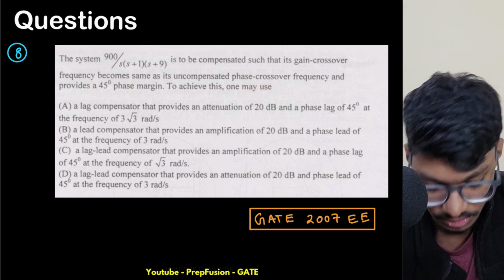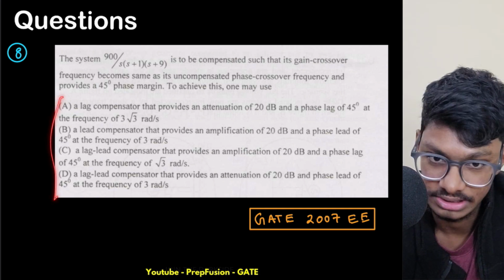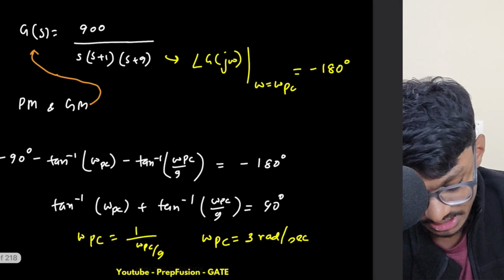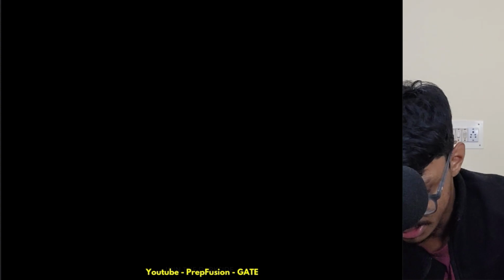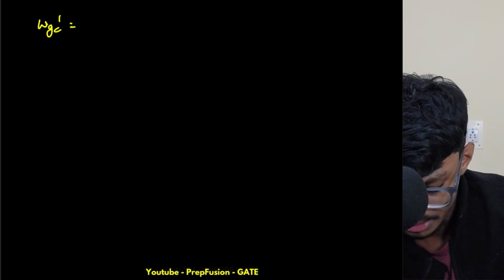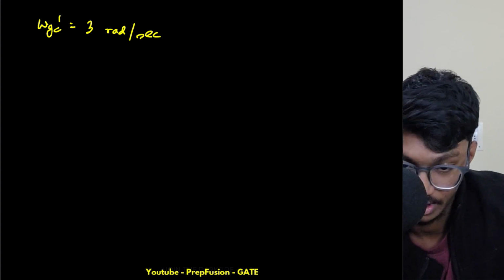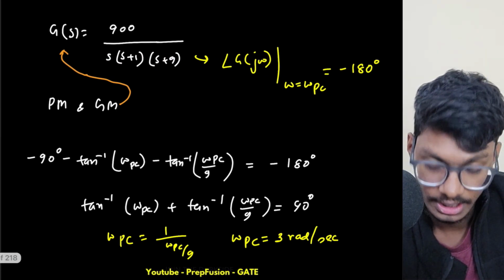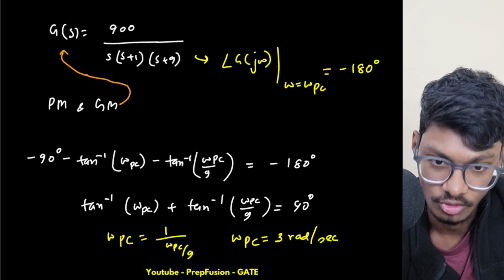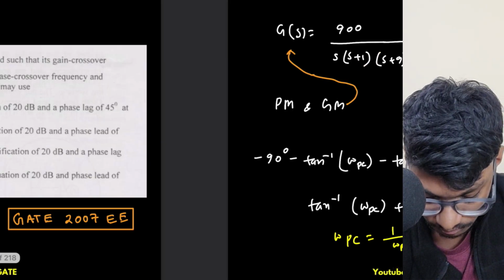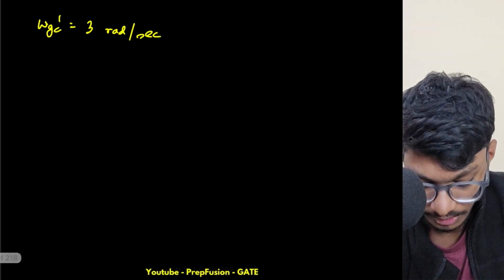So that is one thing. Okay, fine. Now I start to read the options. My omega gc dash after compensating will be 3 radians per second. So what does it mean? Basically, the gain of the compensator at that frequency will be equal to what?